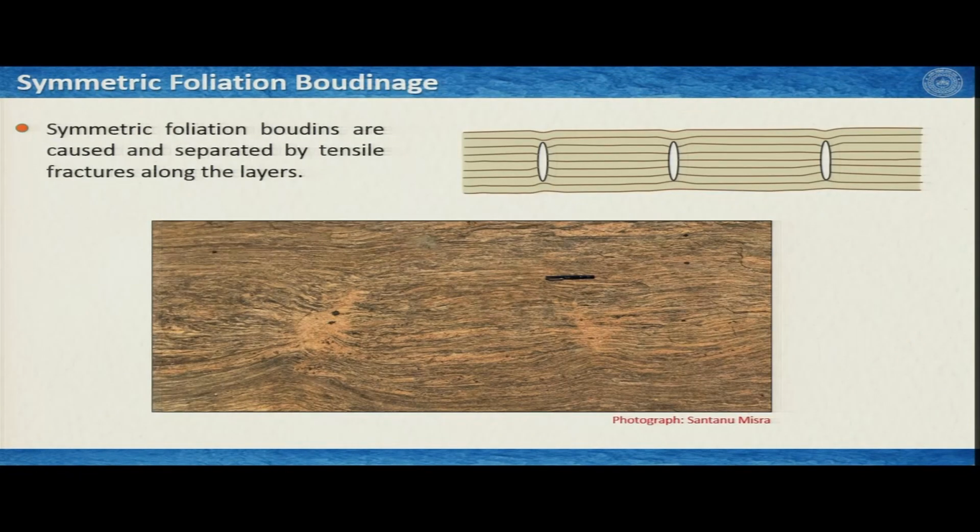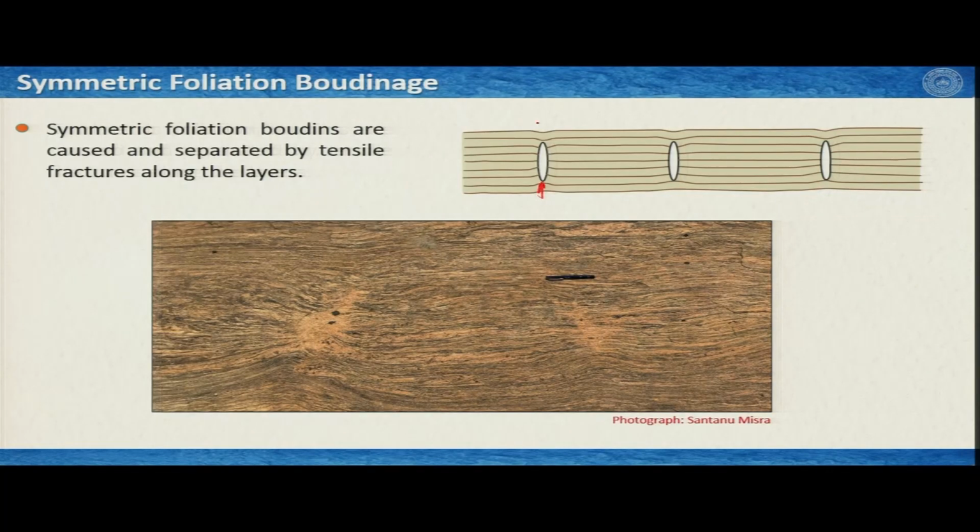Now, foliation boudinage, as we have classified, can be symmetric or asymmetric. So, a symmetric foliation boudinage is where you have only separation by tensile fractures. The separated zones or the neck zones, as we can see here, do not undergo any shear deformation.